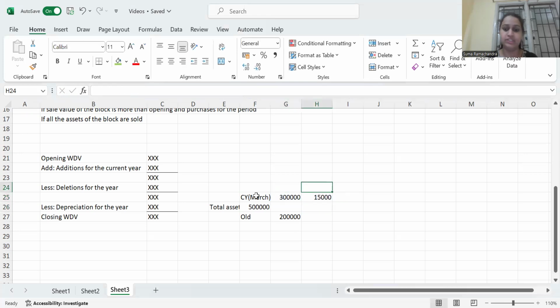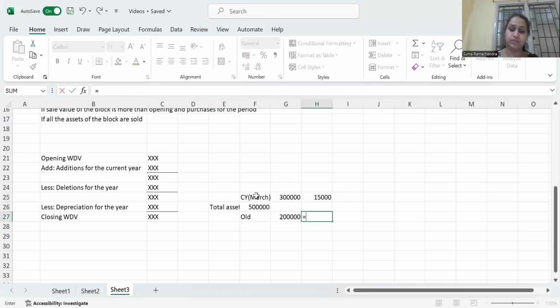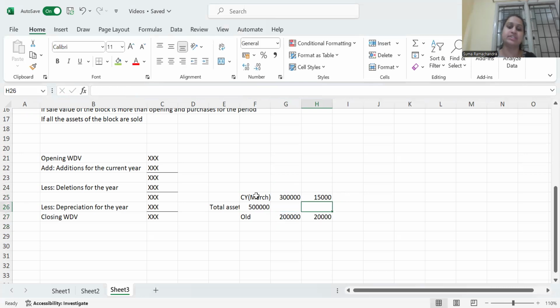I'll not be charging a full year's depreciation. I'll be charging only half year's depreciation. Now, for the old asset, what will I do? 2 lakh rupees into the complete 10%, because I've been using this asset for a long time. So the addition of both of these, 15,000 plus 20,000, will be considered as depreciation for the year. Once I reduce that amount, whatever amount I get is called closing WDV.